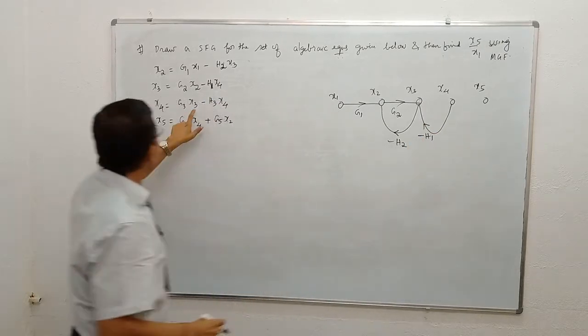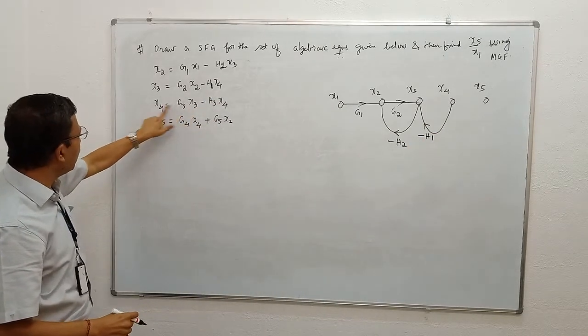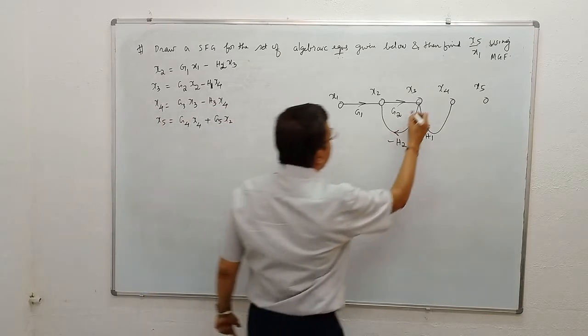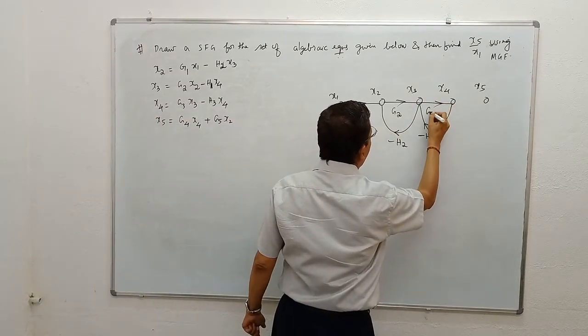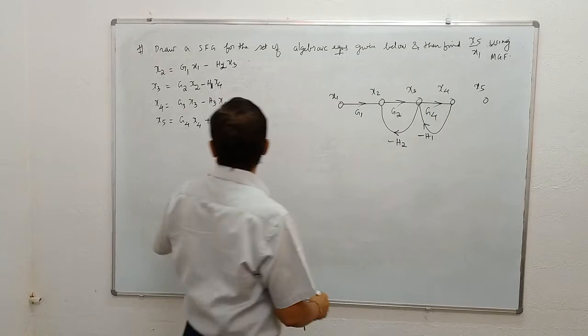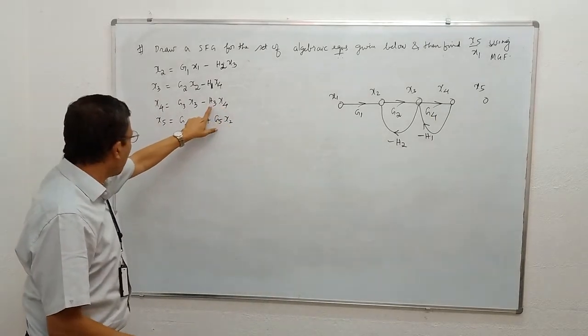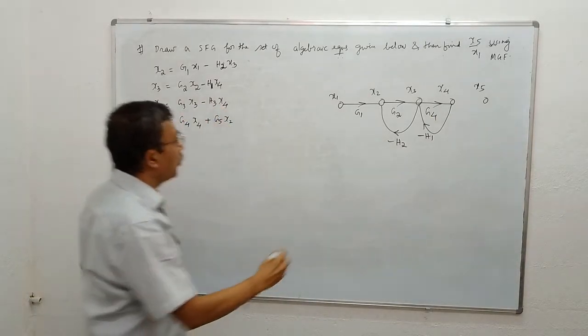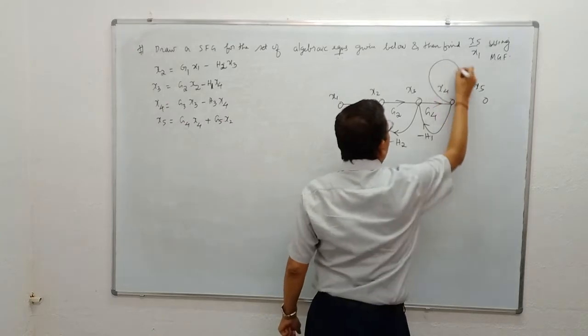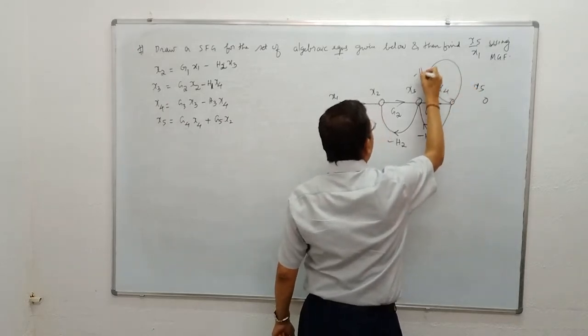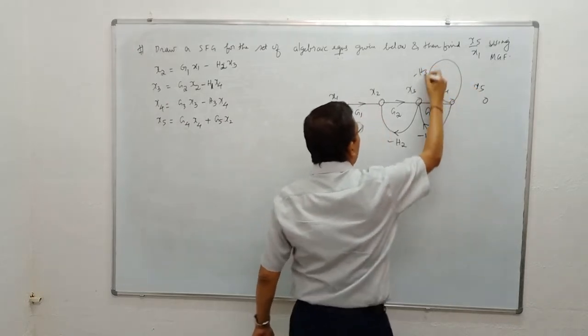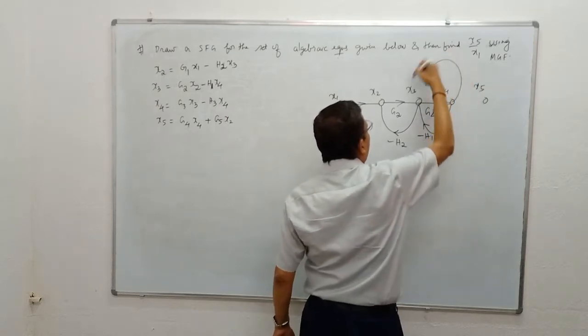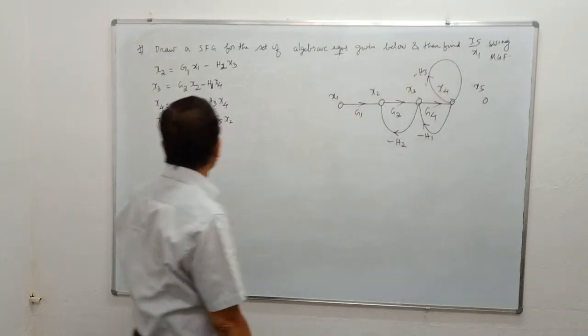Next equation. x3 multiplied by g3 enters x4. Then x4 multiplied by minus h3 enters x4. This could be anti-clockwise, or the arrow could be anti-clockwise.